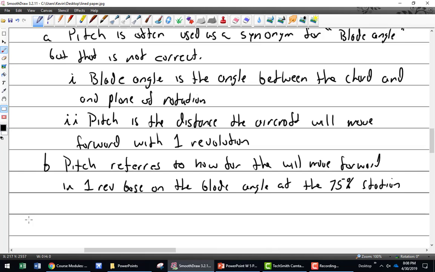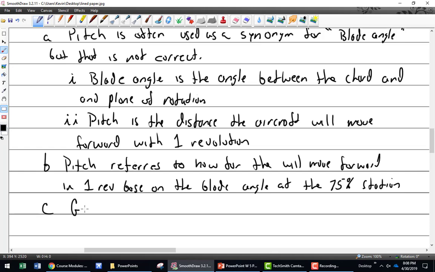So it's just taken at that spot. Why? Just because somebody, an engineer, decided that's where we should do it. I don't actually know, but that's like the average spot, at that 75% station, and that's where everything is taken from.